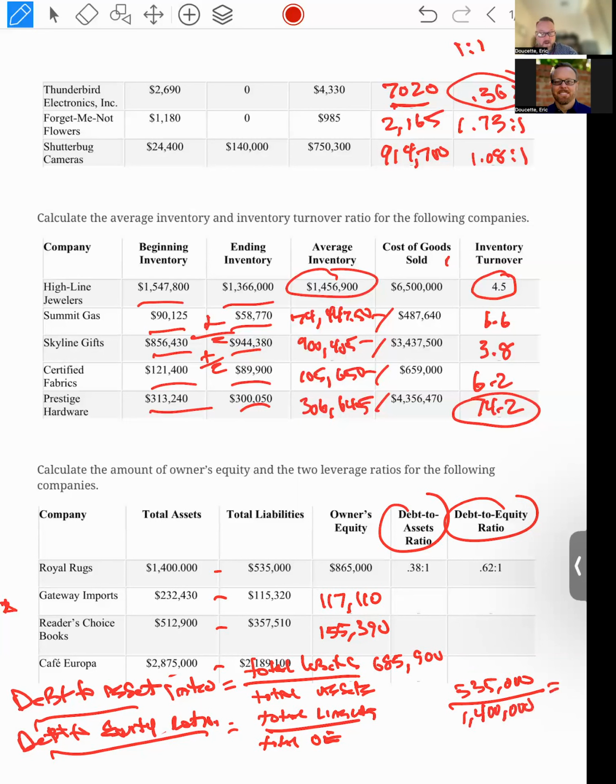If I do the math on that, it comes out to 0.38 to 1. So my debt to asset ratio is 38 cents of debt for every dollar in assets. That's what it means.